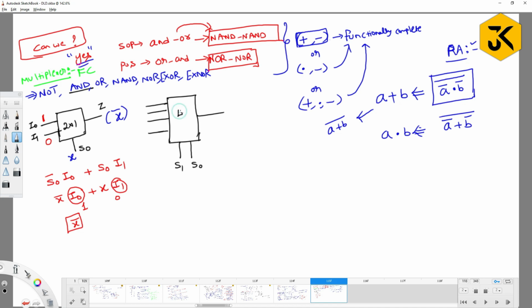I need a 4 by 1 MUX, right? Now, this should be I0, I1, I2 and I3. Now, in order to get the output, if I pass inputs like x and y, what is the output I require? xy I need, right? So now what can you do?